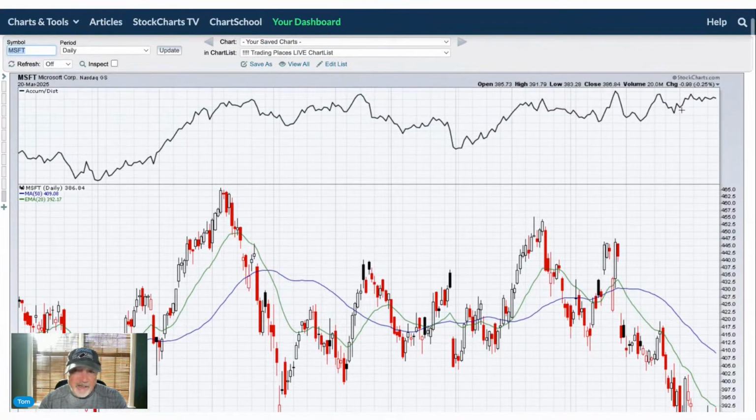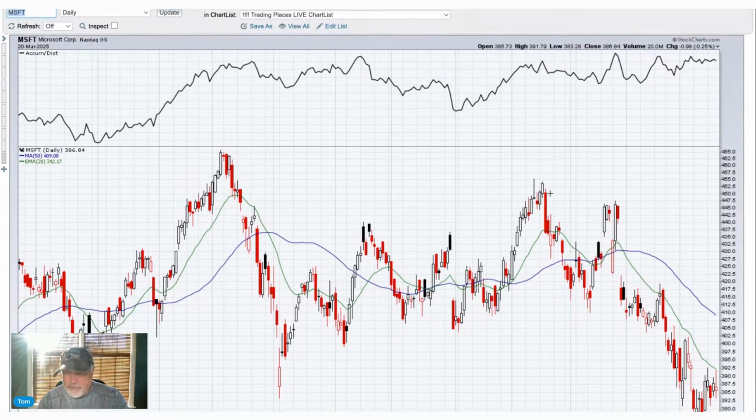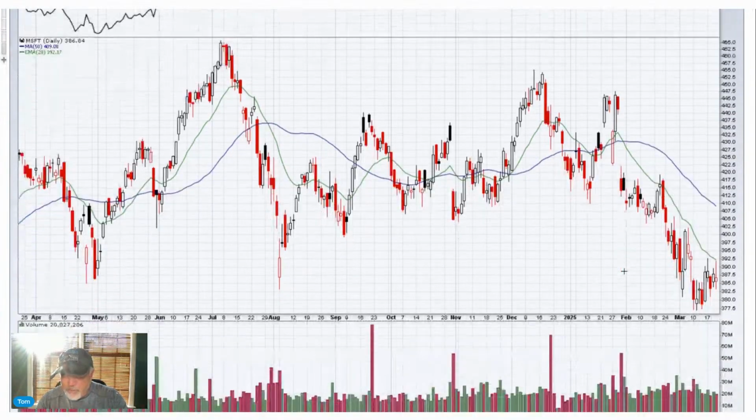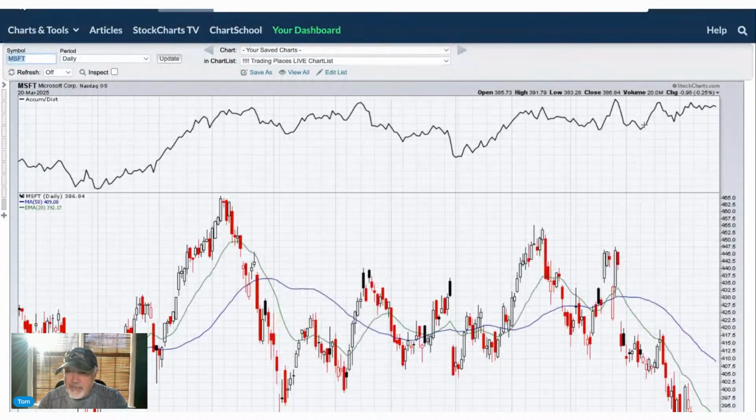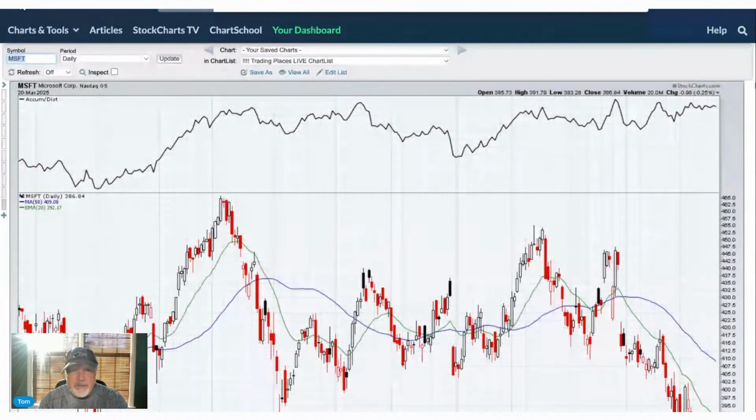And look at the AD line, which is also a great indicator of what's going on in terms of accumulation distribution. Microsoft's about ready to break to an all-time high in its AD line. The stock's gone down from 455 to 377, and all the while the AD line went down and now we're right back up to where we were.